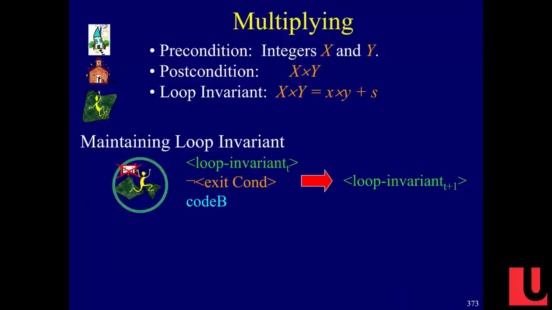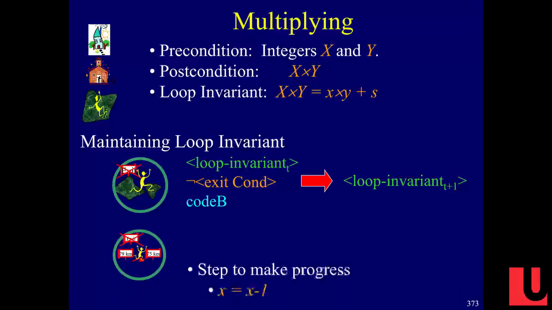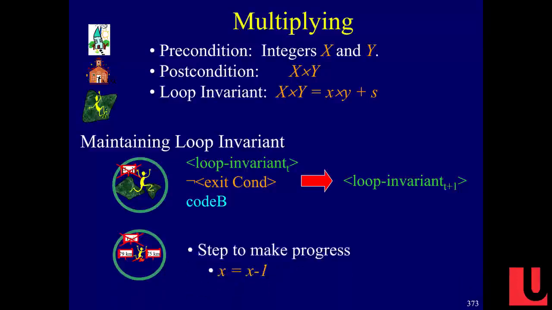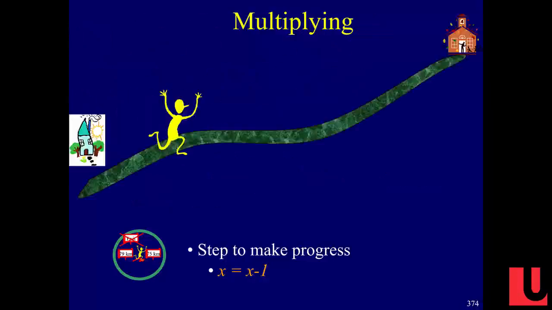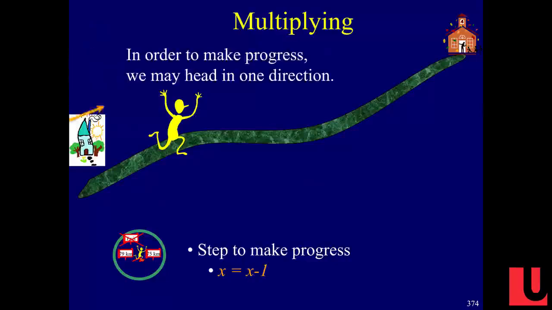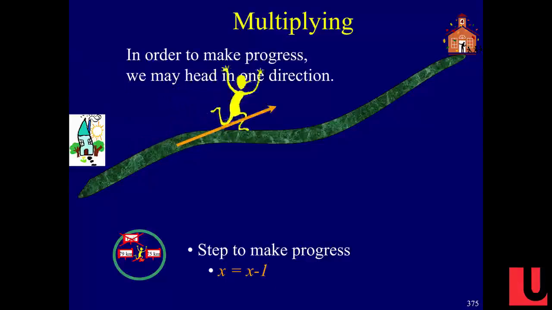All right, so now we need to maintain the loop invariant. So we're going to do the kind of things that we did before. The first thing is, what is our measure of progress? We're going to make x smaller. And remember, everybody remember this picture? We want to say on the loop invariant path, we start by making some progress.